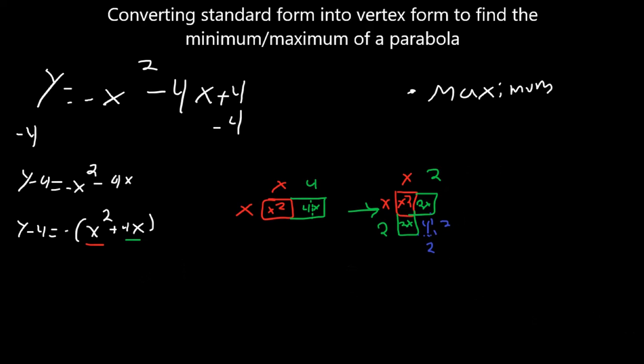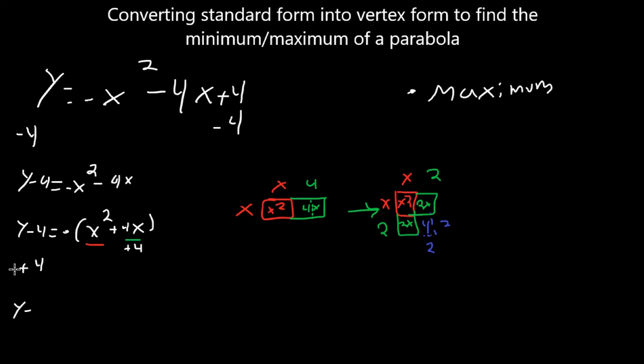So that means we're going to have to add 4. I want to make sure to do it in the parentheses. Sorry, we want to make sure to add it inside the parentheses, because we want the area we're representing to make the part inside the parentheses equal to the square.